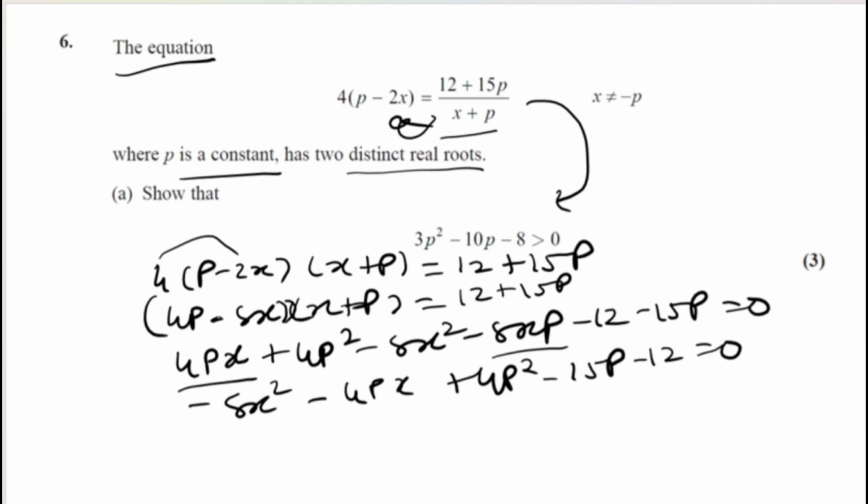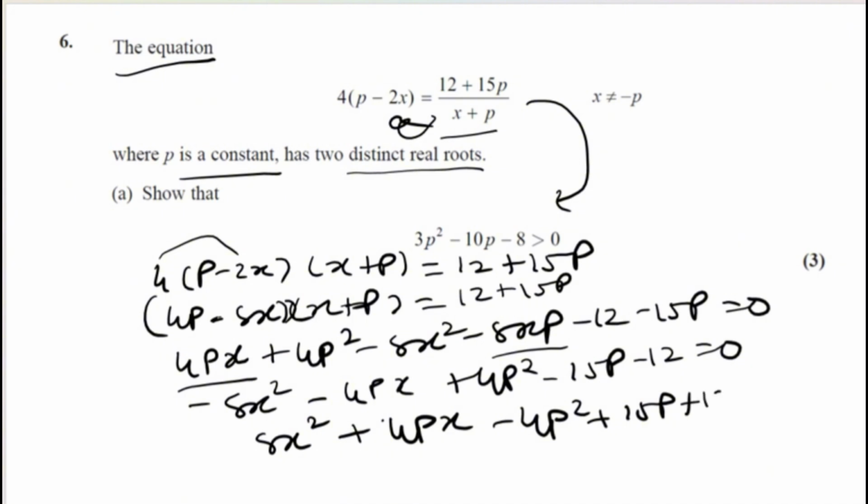Now I don't want the first term negative, so I multiply the whole equation by negative 1. That will give me 8x squared plus 4px, because the sign will change, minus 4p squared plus 15p plus 12 is equal to 0.